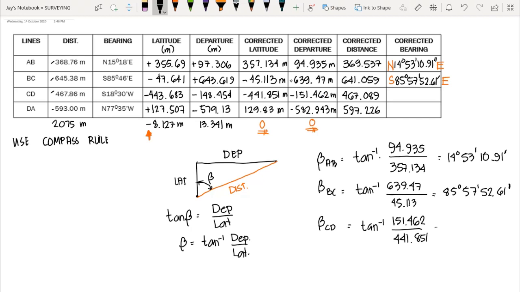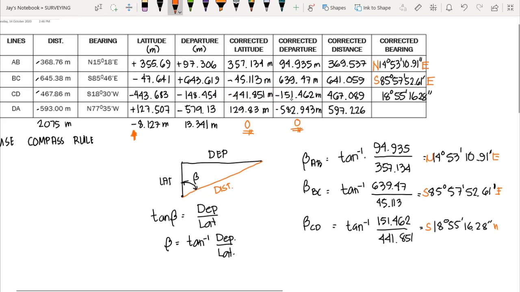This will give us the bearing, which is 18 degrees 55 minutes 16.28 seconds. Now, looking at the latitude, we have negative latitude for CD. That means we have south. And we have negative departure. That means we have west. So therefore we have southwest direction for CD.